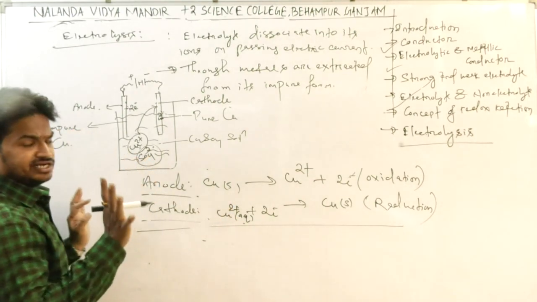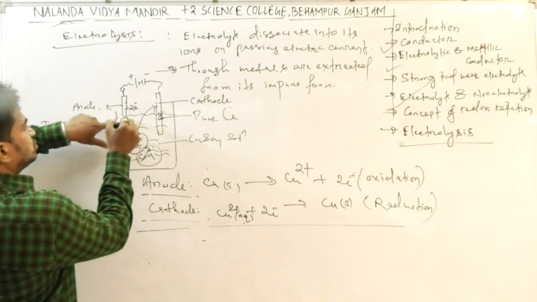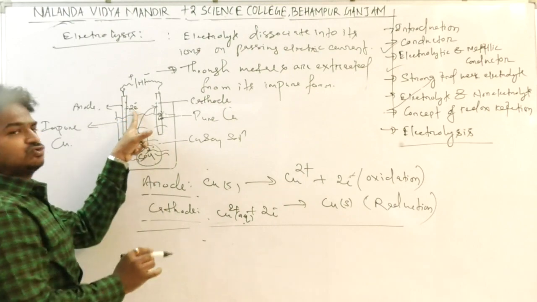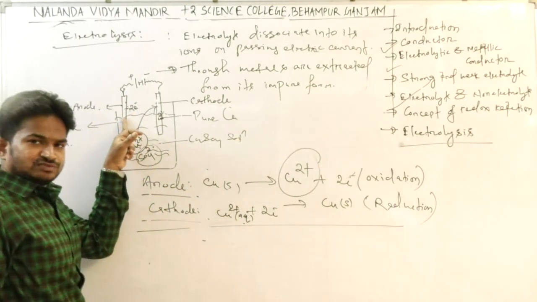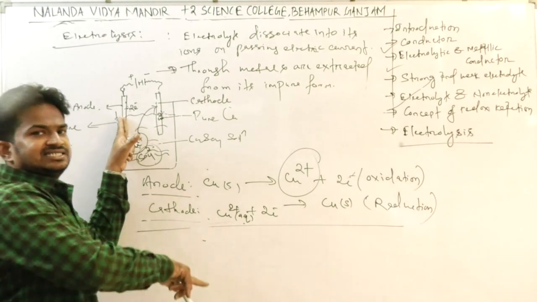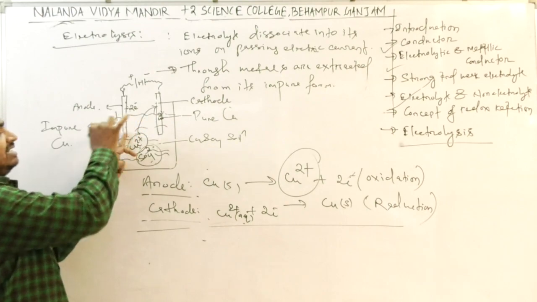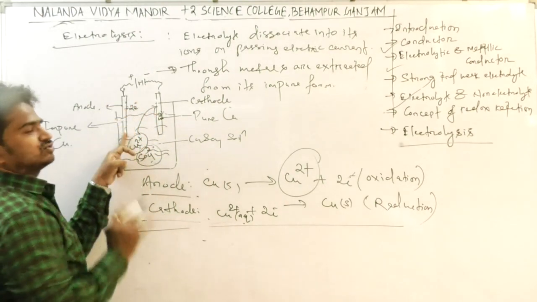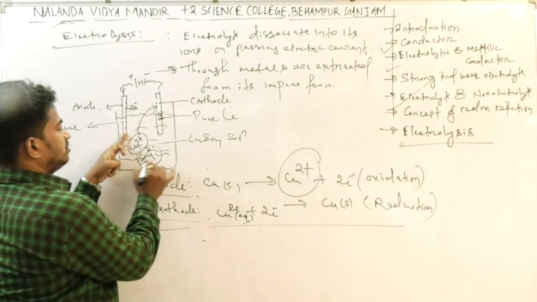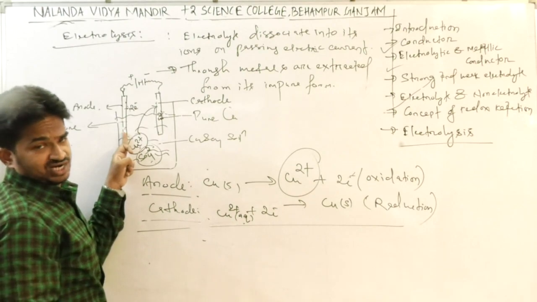Here one thing I need to make clear: when this copper electrode loses 2 electrons it becomes Cu2+, so it becomes positively charged. To make it neutral, the sulfate 2- ions come closer to the anode.